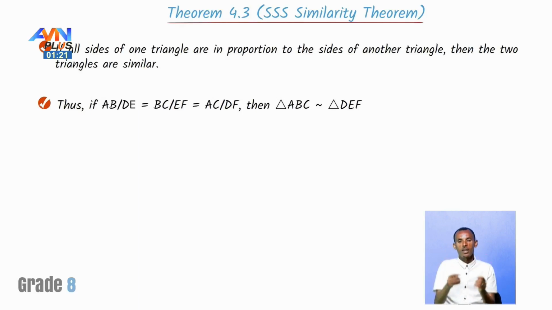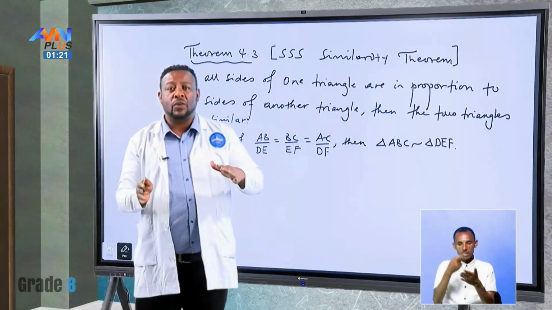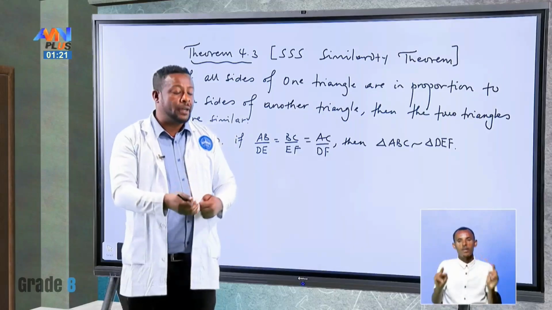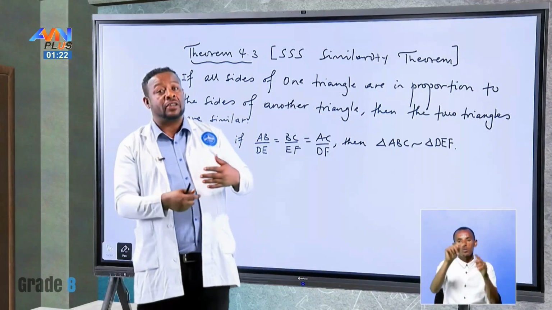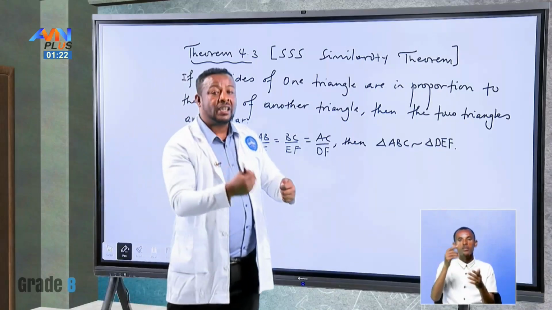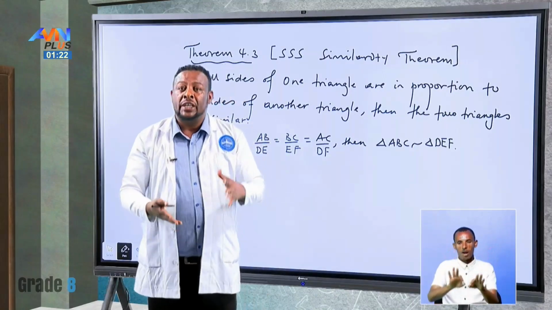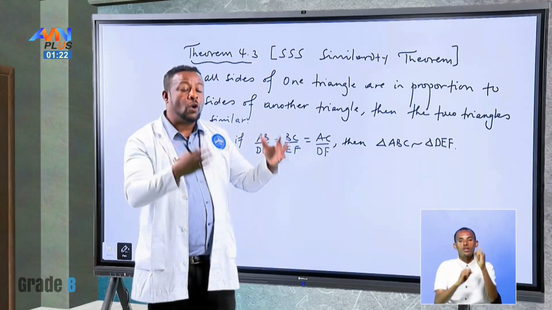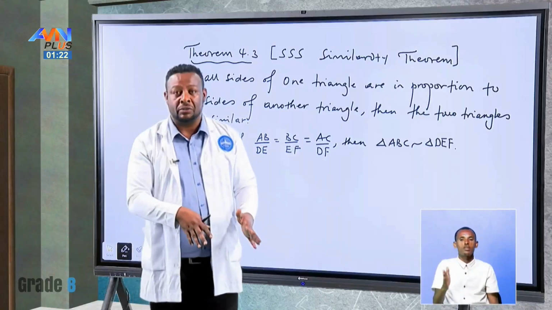If this is true, then we can conclude that triangle ABC is similar to triangle DEF, okay? So these three theorems follow different approaches to check whether two triangles are similar. The third theorem requires only the comparison of the ratios of all the sides of the triangles, right?